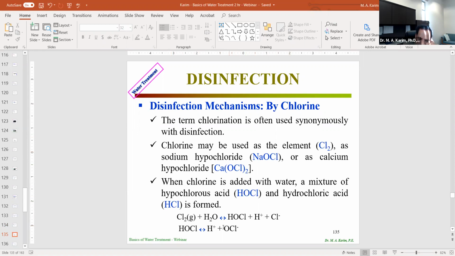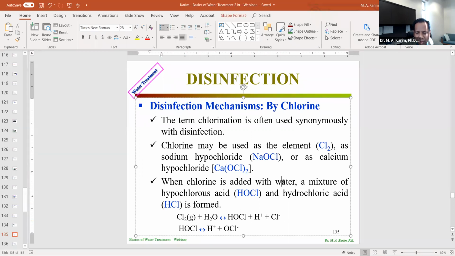This is hypochlorous acid, this is hypochlorite, and this is just chloride. All three are capable of deactivating the microbe, or what is called the cell of the organism. So we need to wrap up in a few minutes. Okay, so we can do it.